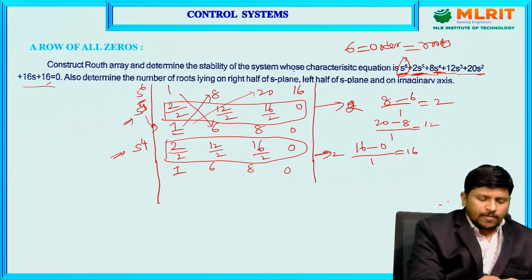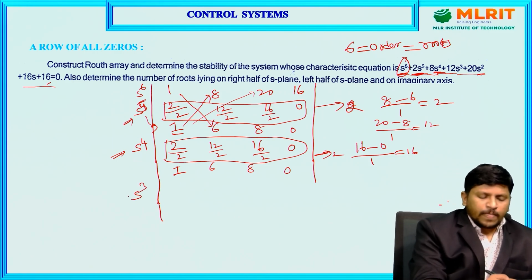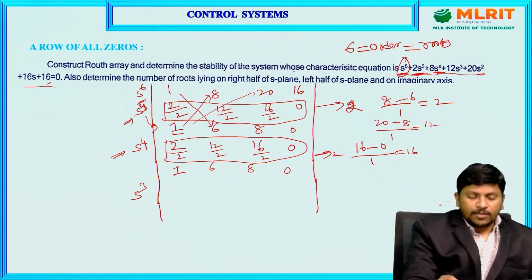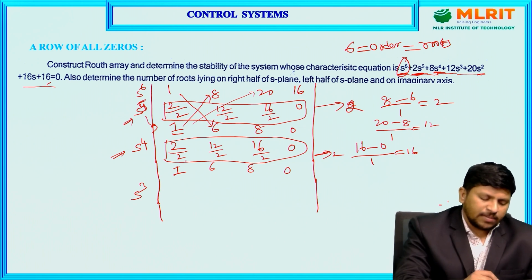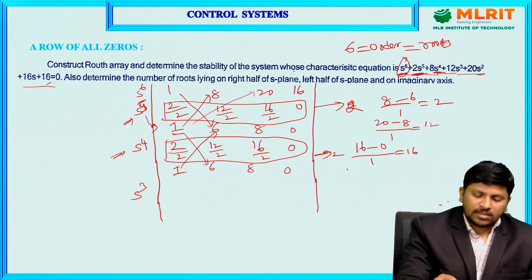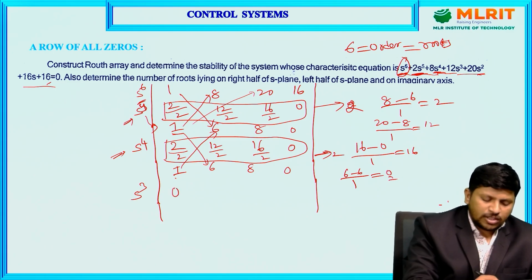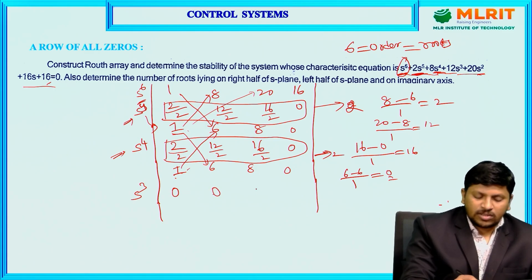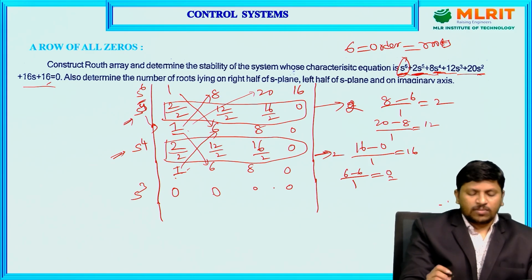See, observe how the s cube row comes. 1 multiplied by 6 and 1 multiplied by 6. 6 minus 6 divided by the base, which is 1. So that equals 0. So the value is 0. Next, this term: 1 multiplied by 6, 1 multiplied by 8, 1 multiplied by 8, so this value is also 0. Here also 0, 0.